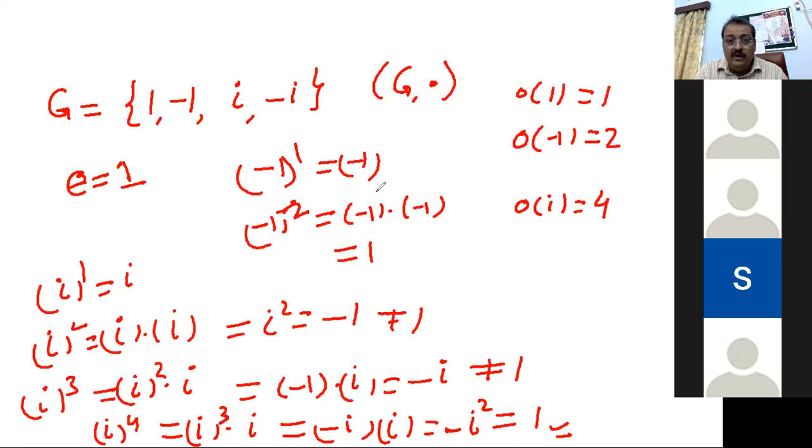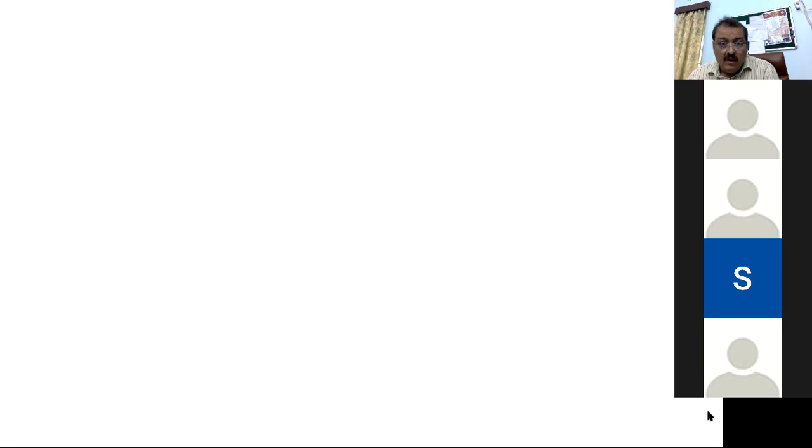Similarly, we have to just check the order of minus i. So minus i to the power 1 is equal to minus i, clearly not equal to 1.